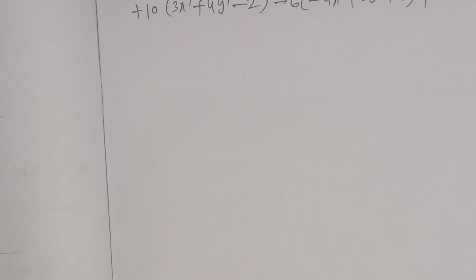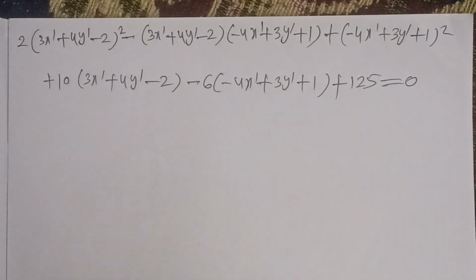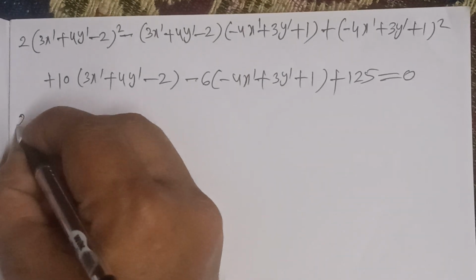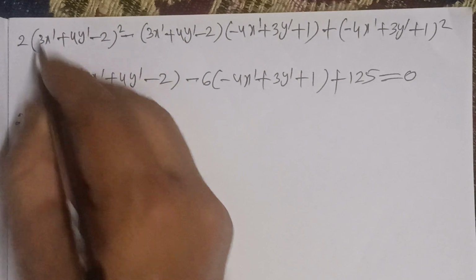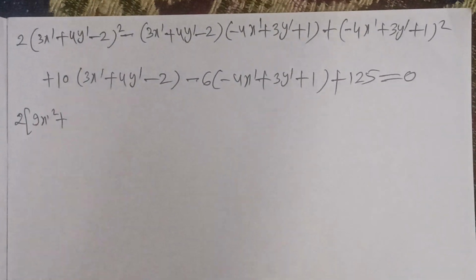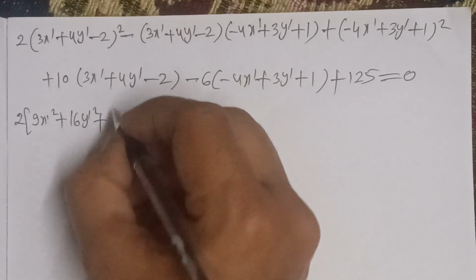So I write this without telling you, only apply this formula. We get 2 times whole of square. First quantity is square, 9x' square, plus second quantity is square, which is 16y' square, plus third quantity square, which is 4.